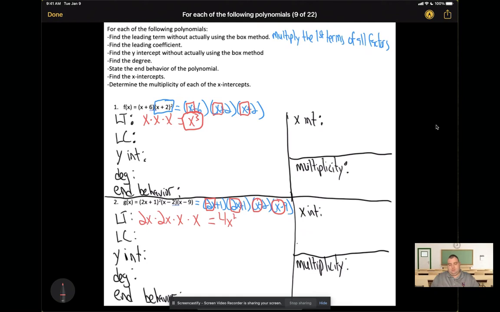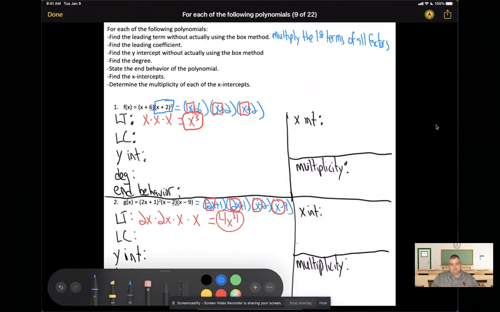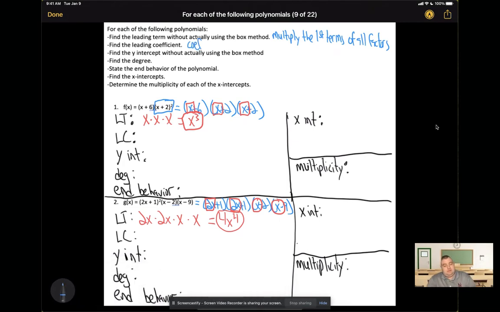So that's going to be 4x to the fourth. So the leading term for number 2 is 4x to the fourth. The leading coefficient is simply the coefficient of the leading term.